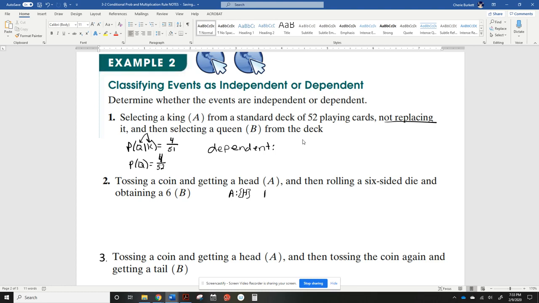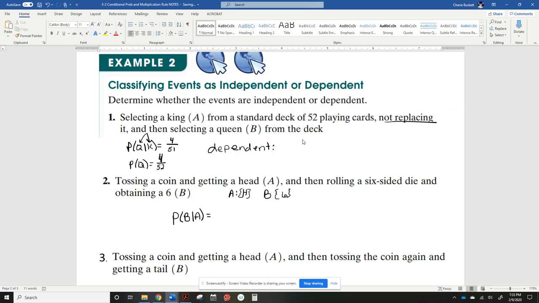So event B is that we roll a die and we get a six. That's the two things in the sample space. What they want us to find is the probability of the second thing given that the first thing has happened. Well, does tossing this coin affect the rolling of that die?